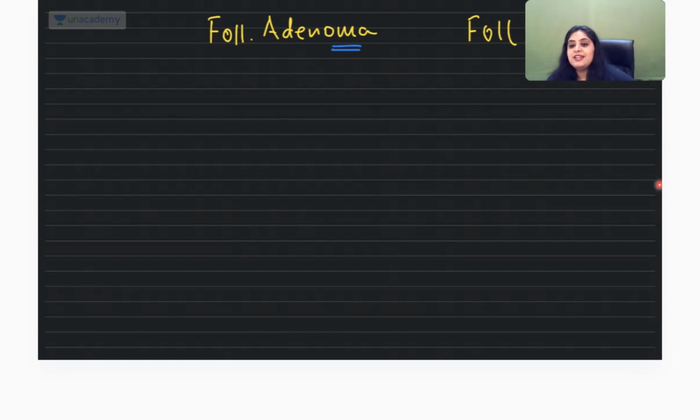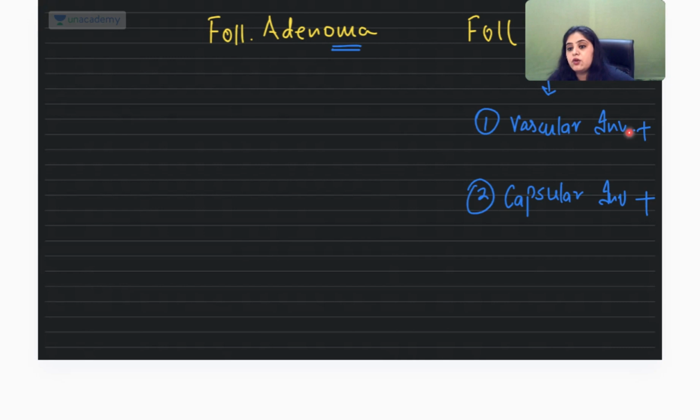So when I say follicular carcinoma, this is cancer. There are two defining features of a cancer. Number one is vascular invasion, and number two is capsular invasion. When the two invasions are present, I call it a carcinoma. When the two invasions are absent, I call it an adenoma.